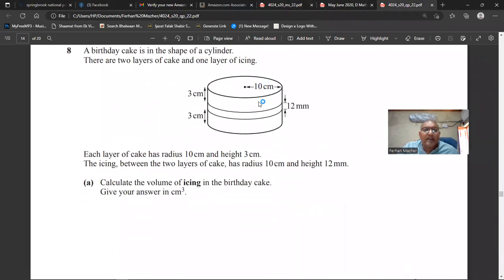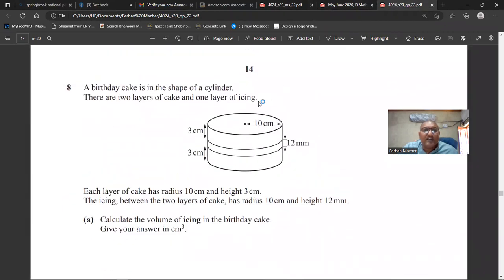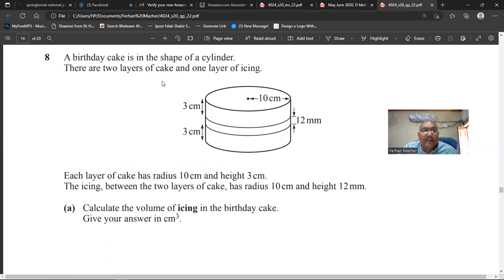Okay, so here we go to the next question. The next question coming up on your screen is question number, hopefully 8. It says, a birthday cake is in the shape of a cylinder. There are 2 layers of the cake and 1 layer of icing. Each layer of cake has a radius of 10 centimeter and height 3 centimeter.